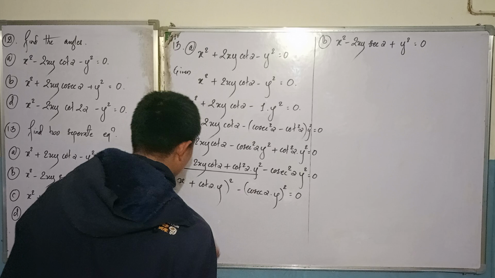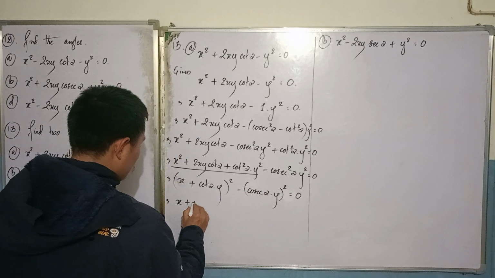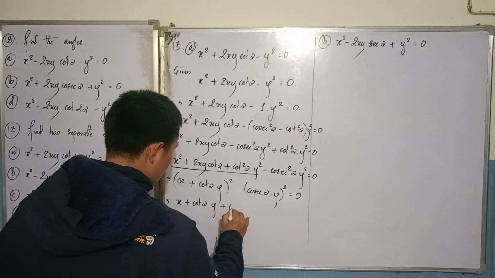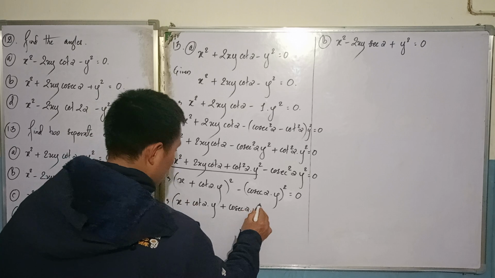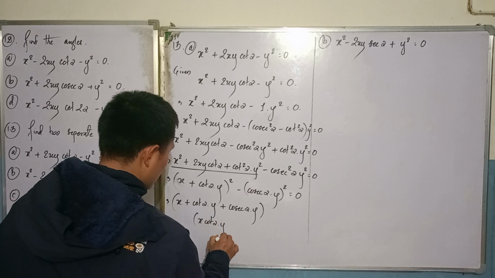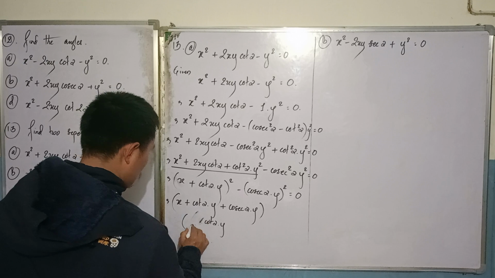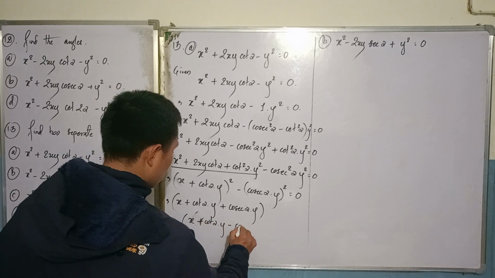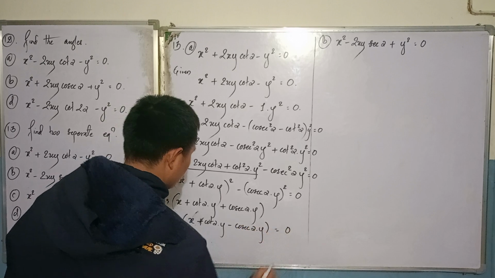Now a squared minus b squared can be written as x plus cot alpha y plus cosec alpha y, and the other is x plus cot alpha y minus cosec alpha y equals 0.